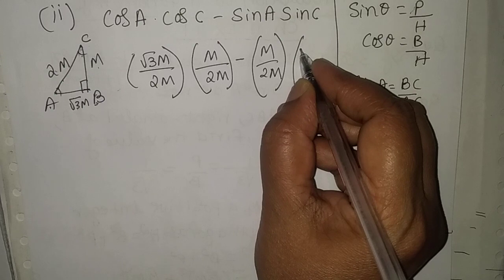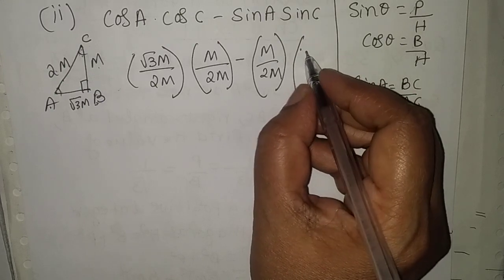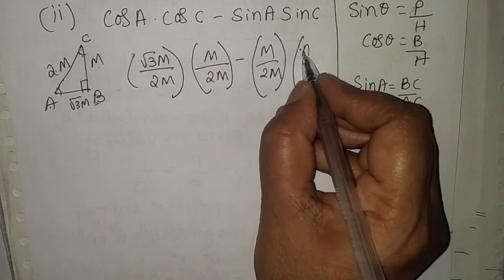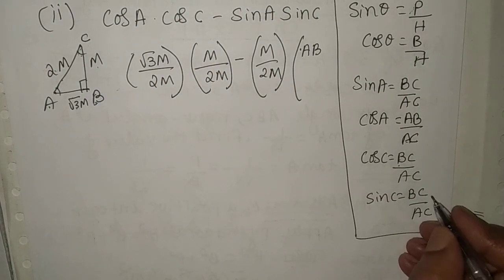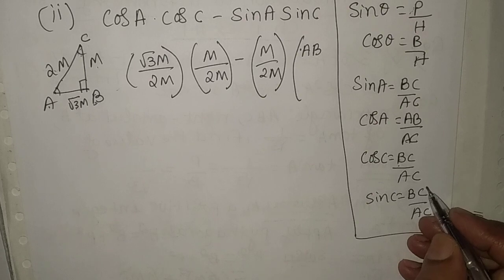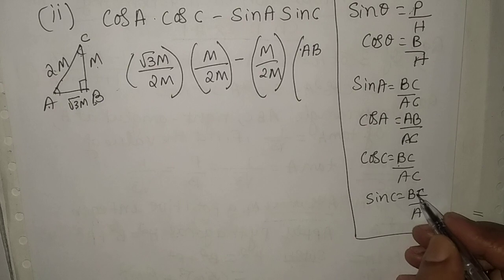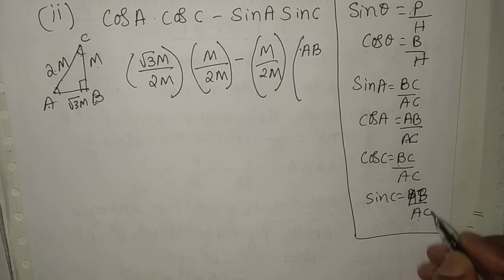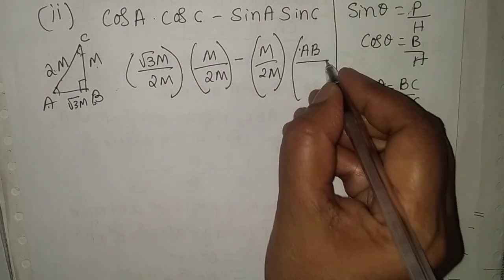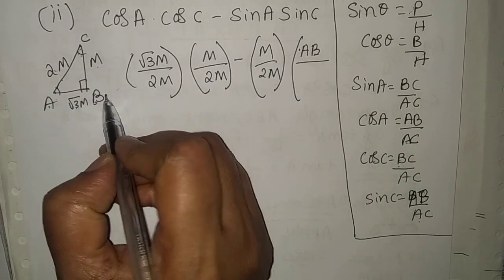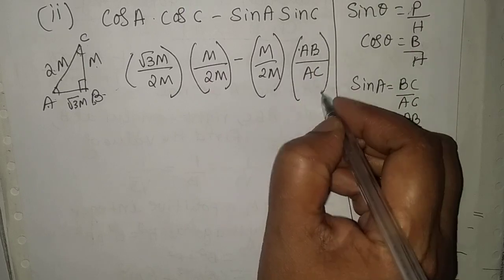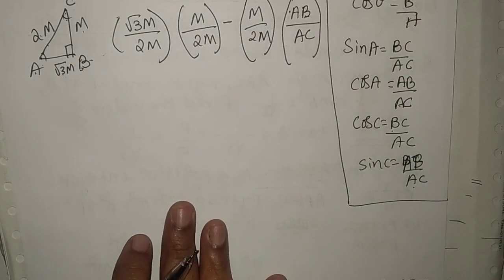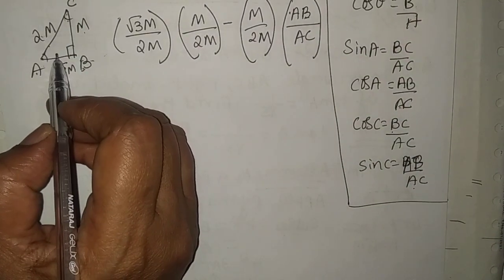Perpendicular is AB. I have written some mistake here also. This is AB by AC. Quite confusing, because these angles will be changing.